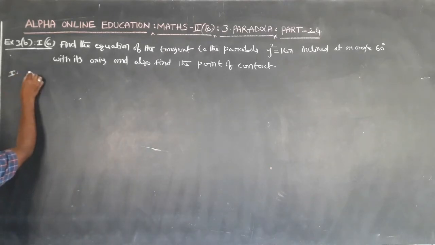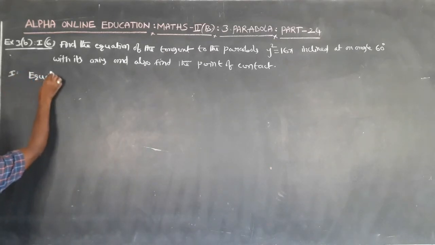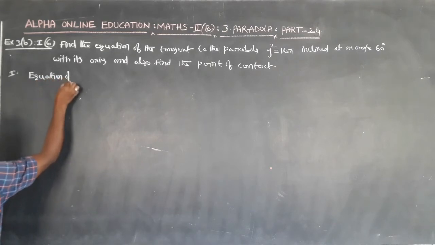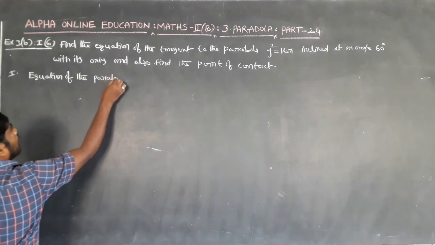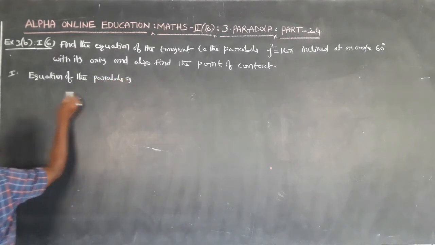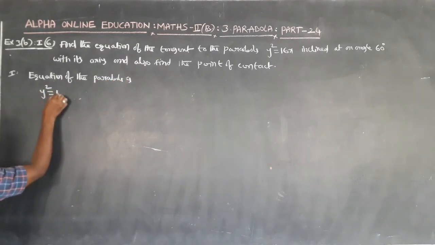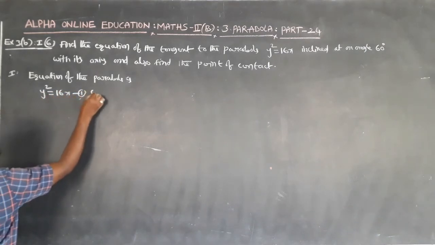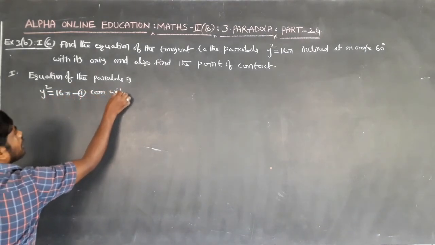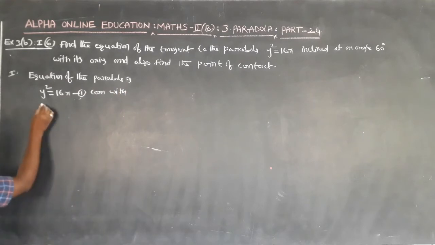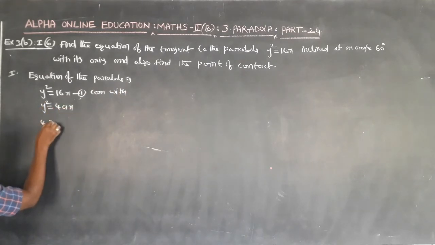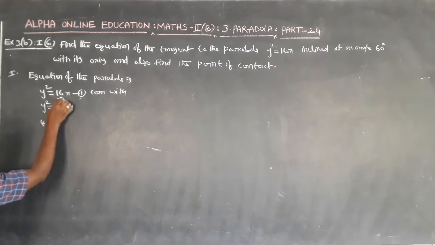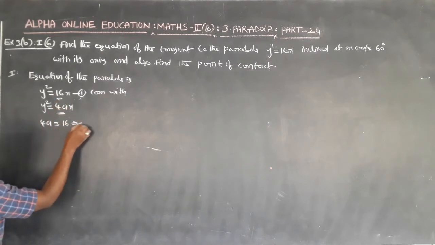Here the given equation of the parabola is y square is equal to 16x. Comparing with y square is equal to 4ax, here 4a is equal to 16.